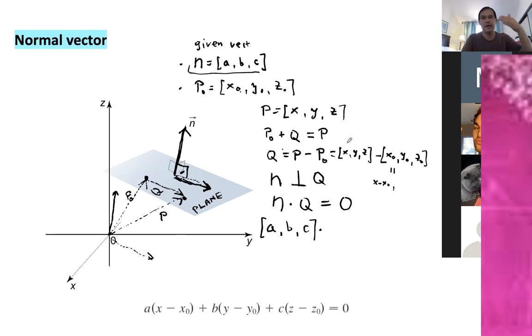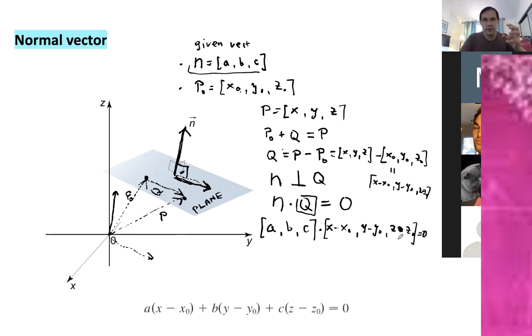Then we have y minus y0, and lastly z minus z0. So this vector Q is exactly x minus x0, y minus y0, z minus z0, and that dot product is equal to 0.